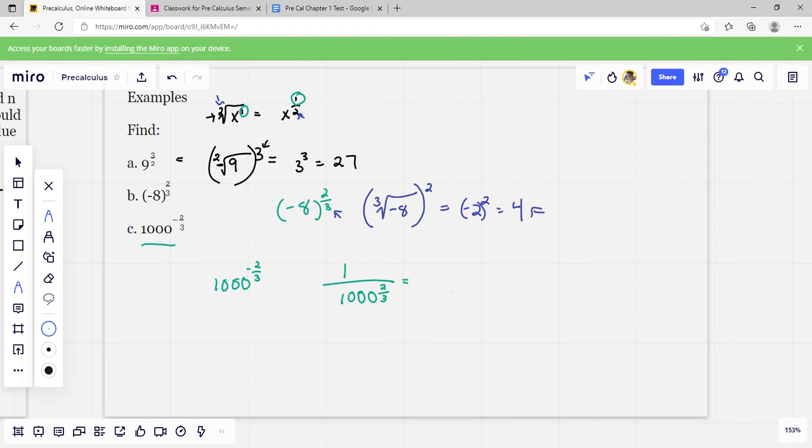We can write that with the top number squared and the bottom number as the root. 10 times 10 times 10: 10 times 10 is 100, 100 times 10 is 1,000. So that's going to be 1 over 10 squared, and 10 squared is 100, so it's 1 over 100.